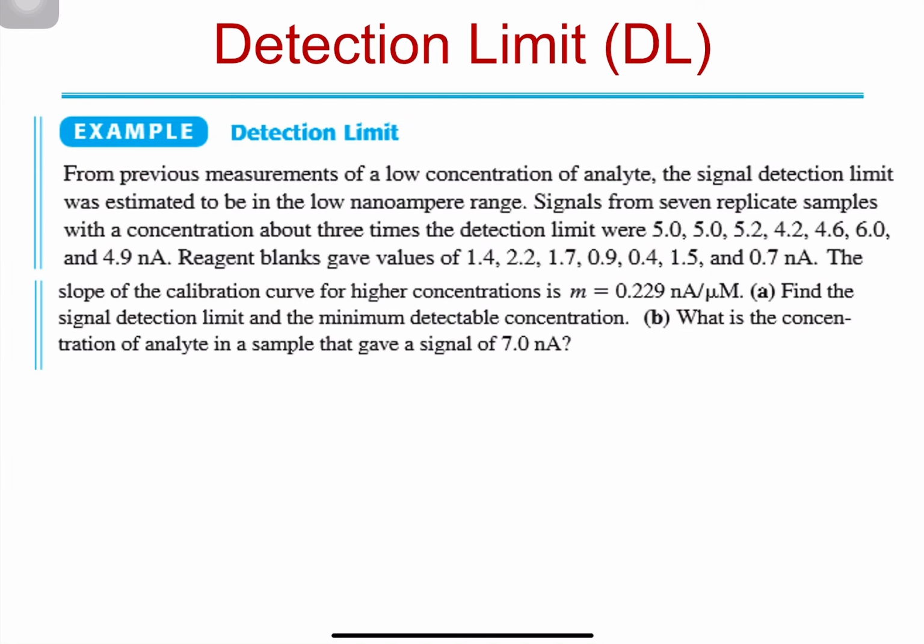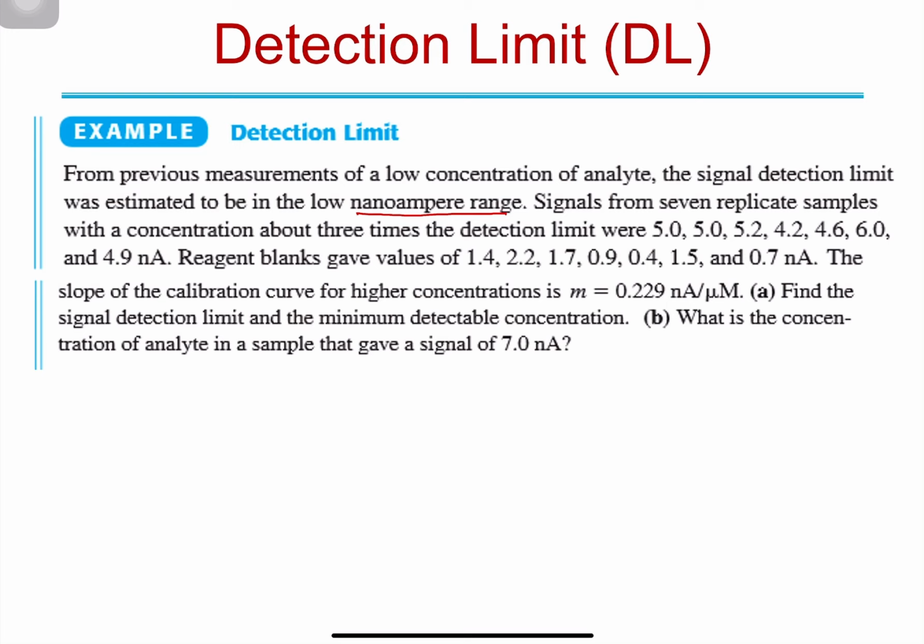So let's have an example to see how we can calculate the detection limit. From previous measurements of a low concentration of analyte, the signal detection limit was estimated to be in the lower nanoampere range.